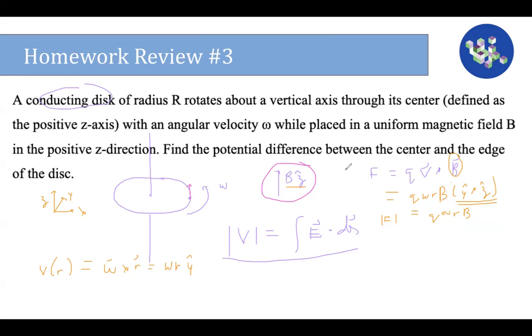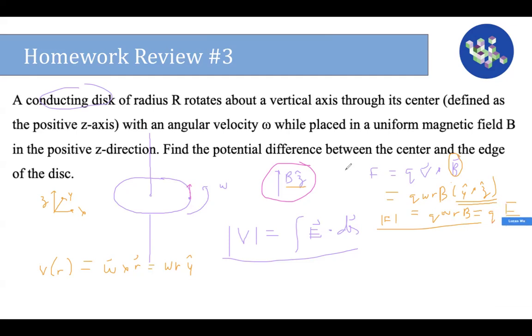Now this is my magnetic force. The problem doesn't say, but for these problems you would assume it's in a steady state, so all charges are under force balance. If this is the magnetic force and it needs to be under force balance, there needs to be some electric force that keeps it in balance. And what's electric force? Electric force is Q times E. So I can say this is also equal to Q times some electric field.